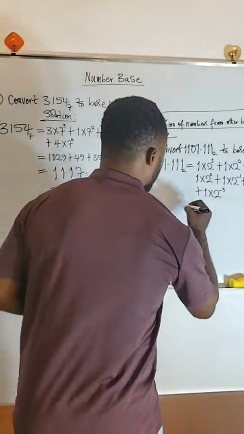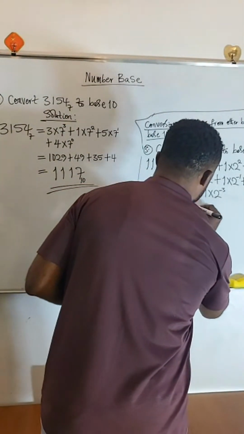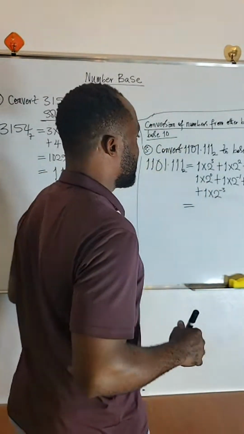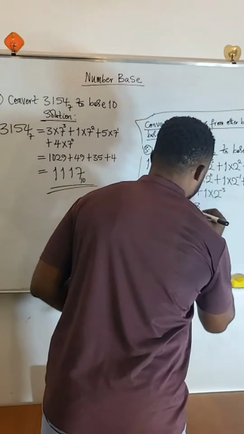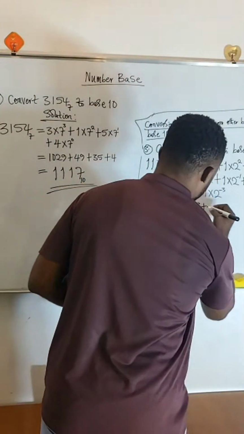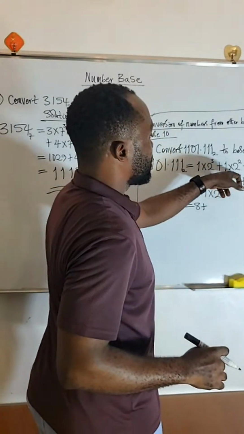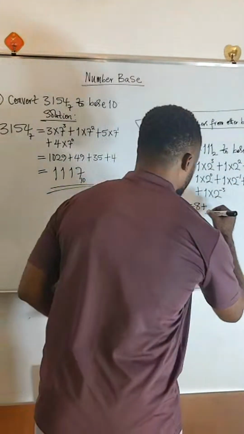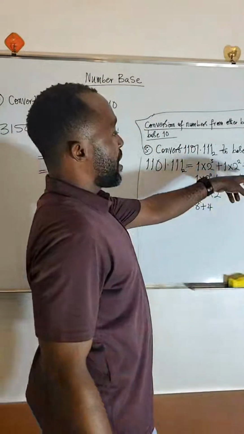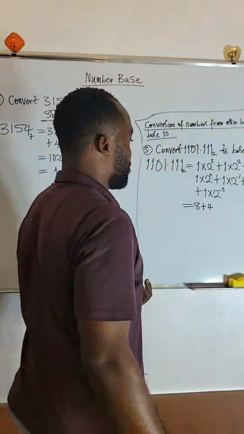All right? So let's simplify everything. Here, 2 raised to the power of 3 is 8, plus 1 times 2 raised to the power of 2. 2 raised to the power of 2 is 4. And now 0 times anything is 0.